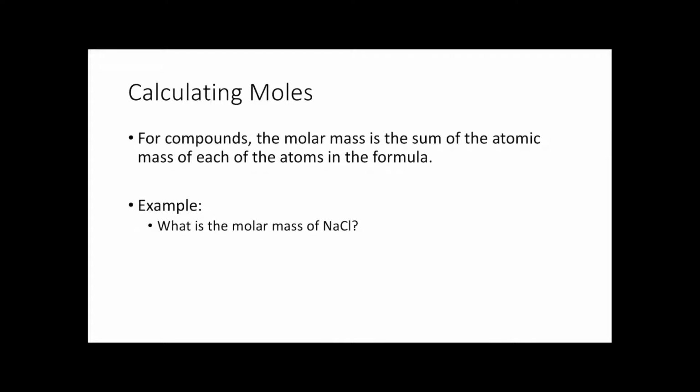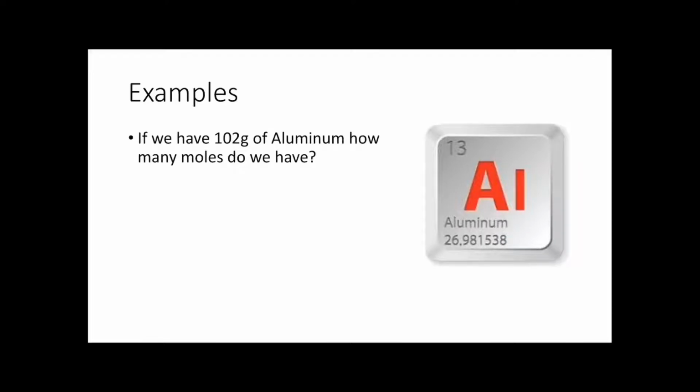Now for compounds, the molar mass is the sum of the atomic mass for each of the atoms in the formula. We know how to do this. Let's do an example of calculating moles. In this question, I said that we have 102 grams of aluminum. How many moles do we have?